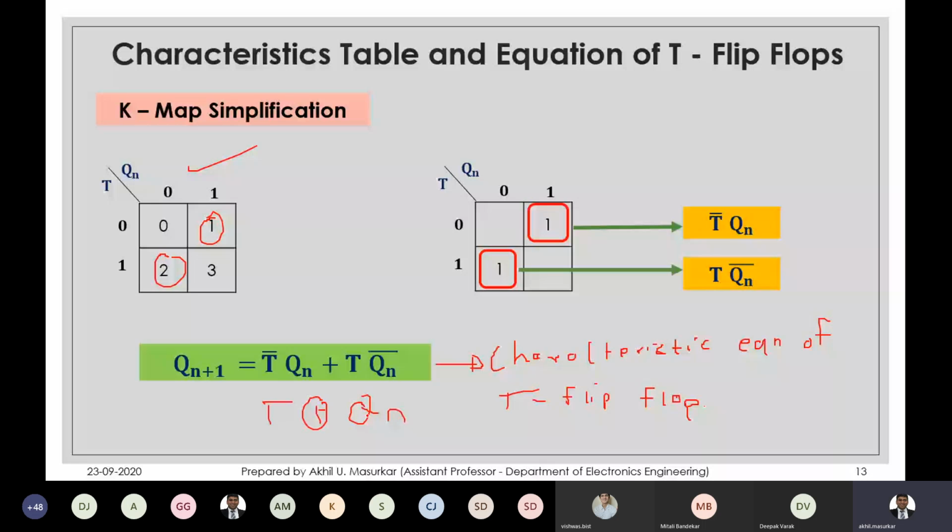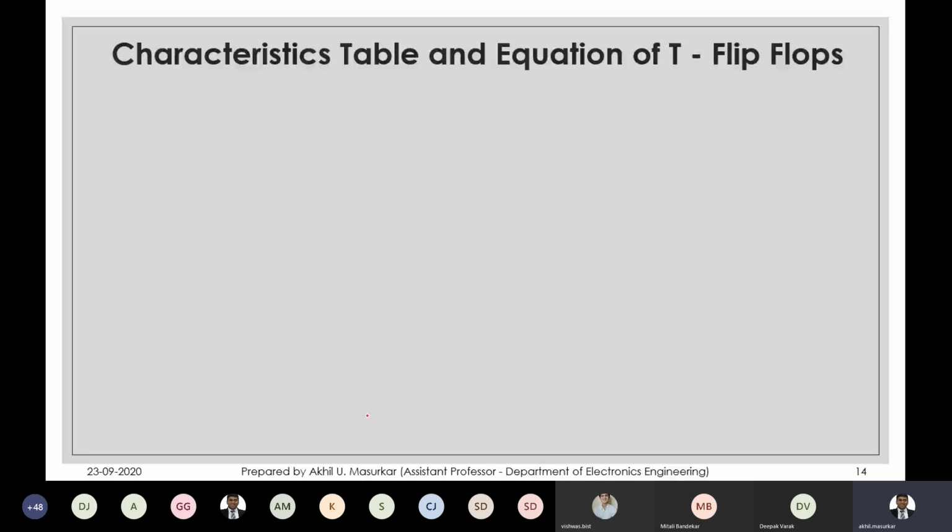Yeah. So should we go to the next one, excitation table? Yes. Go to the excitation table. So I think you can map this excitation table now.